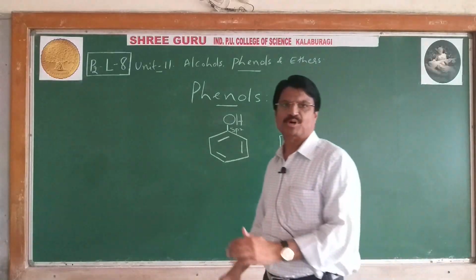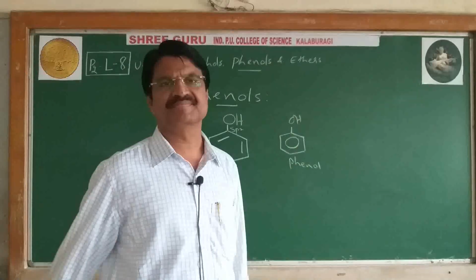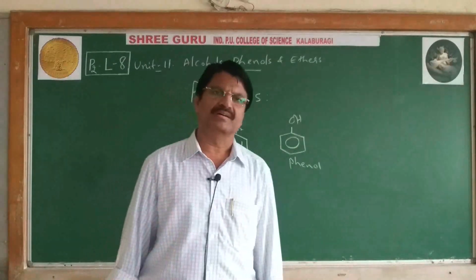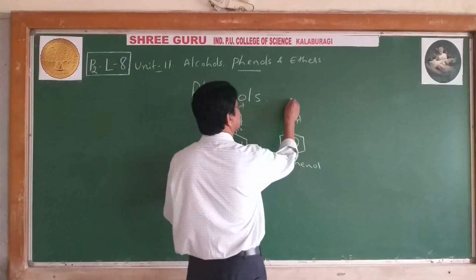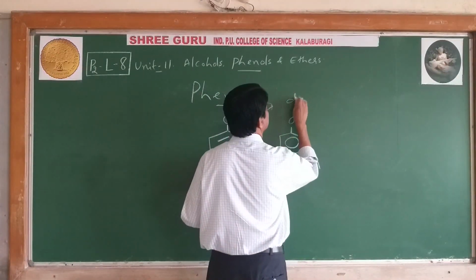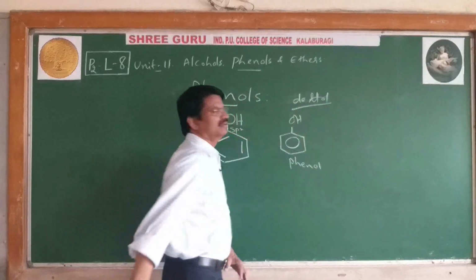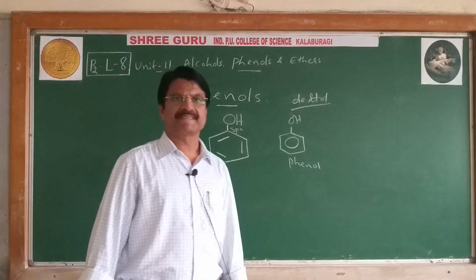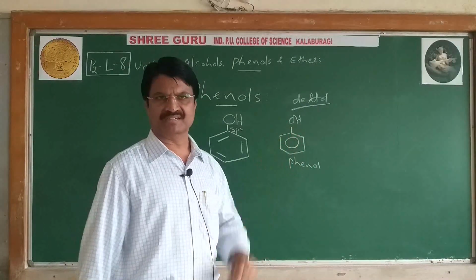It is one of the important organic compounds used in various industries. Take the example of the preparation of antiseptics, for example Dettol. It is widely used as an antiseptic, even a disinfectant.